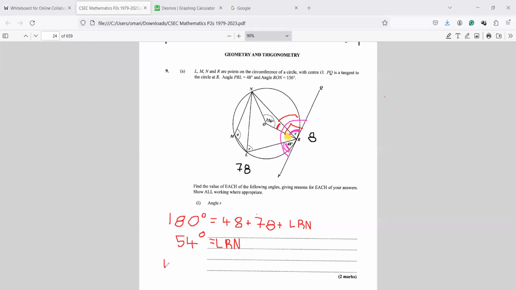And 180 degrees less LRN, 180 minus 54, is going to be angle A. And therefore we get 126.